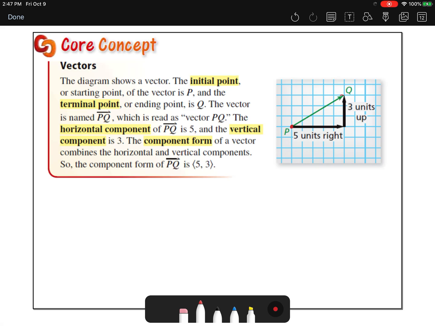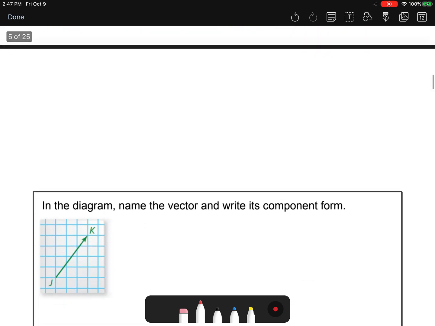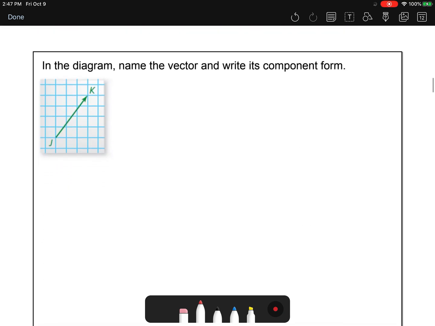This is our initial point, P. This is our terminal point, Q. Well then, if we write this in component form, literally the vector PQ is 5, 3, which means right 5, up 3. Okay? That's a translation. This is called a translation. We're just going to write it in vector form.